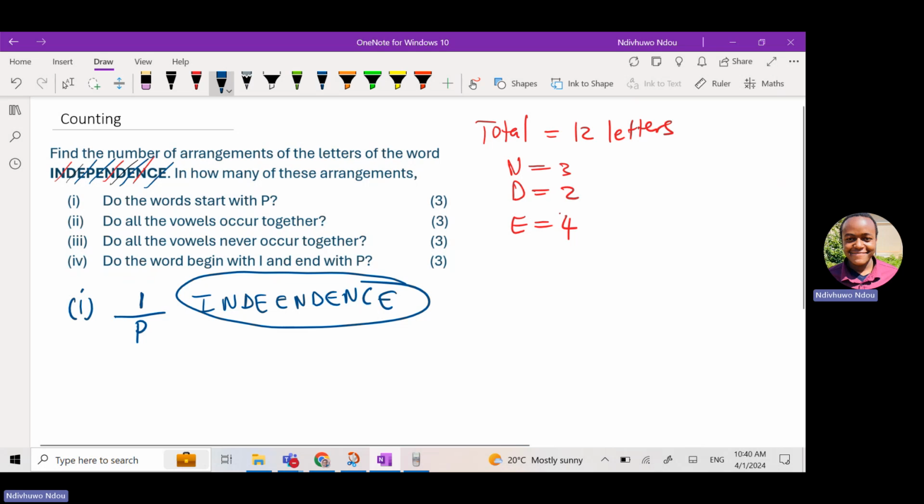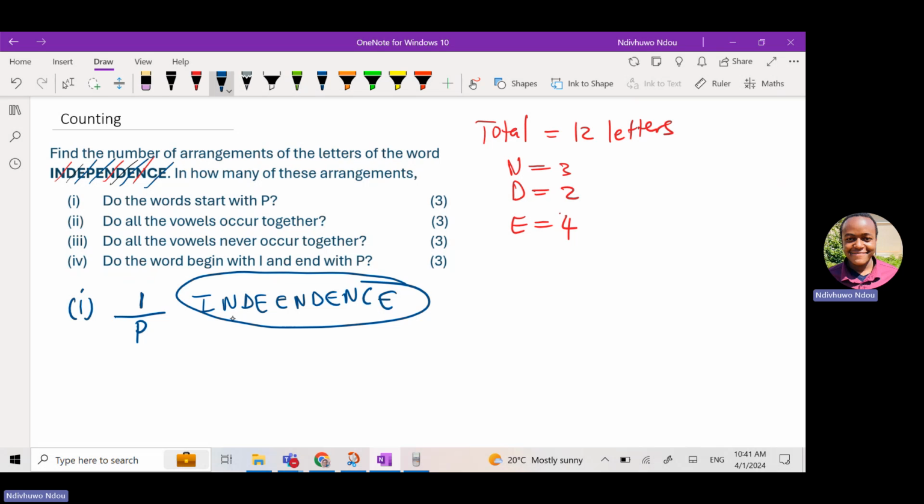We know from permutations that if we have n different items, we can arrange them in n factorial ways. But if there are some repeating items, we divide by the factorial of the repeating ones to cancel out their effect, so that we don't count repeating letters as different.